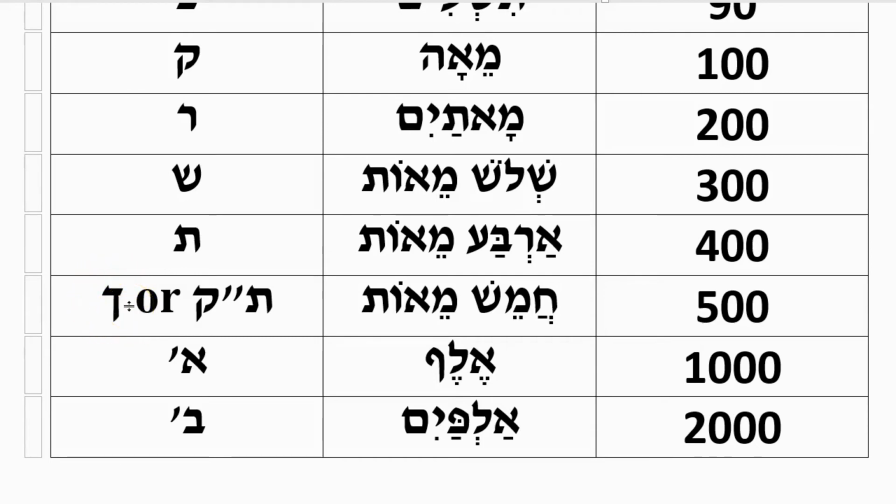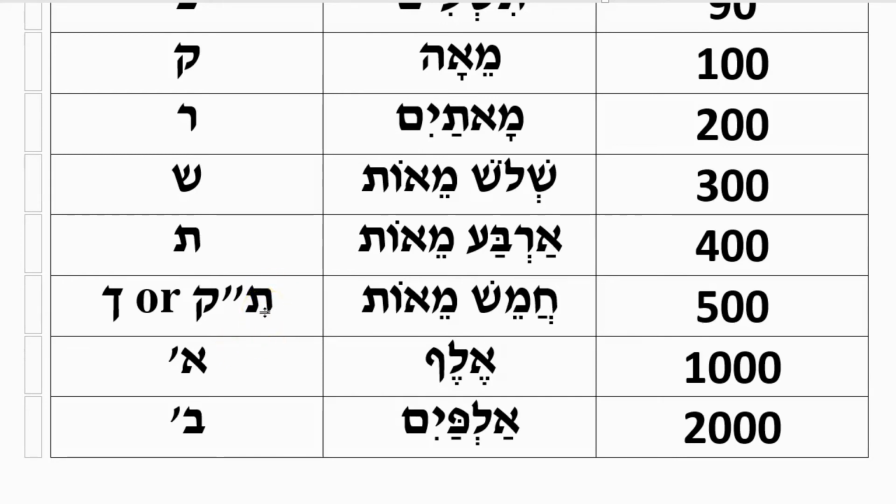Typically, Arabic numerals are used in Israel for most daily life. These are used in religious life, kind of like how we use Roman numerals in the United States, more of a classical stylistic choice.